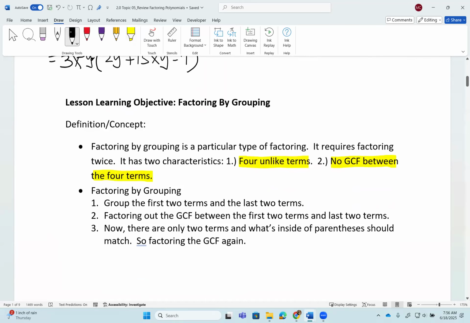Once we've done that, there should be only 2 terms left, and what's inside the parentheses should match. Once they match, that becomes the greatest common factor, because with 2 terms, what's the same between them is the matching part inside the parentheses, so we can factor again.